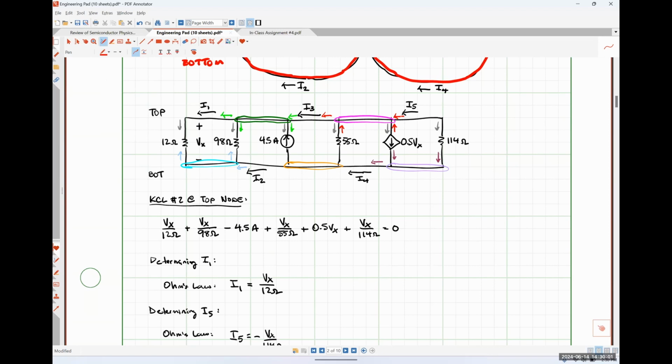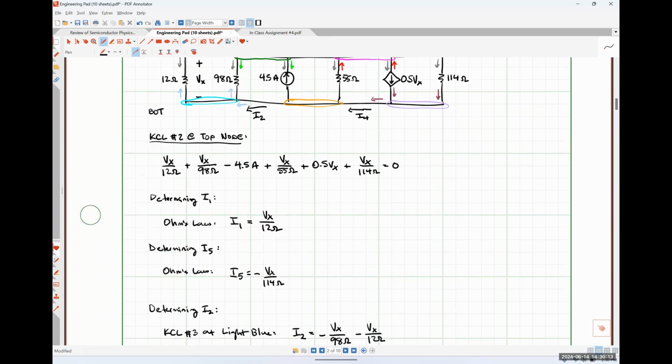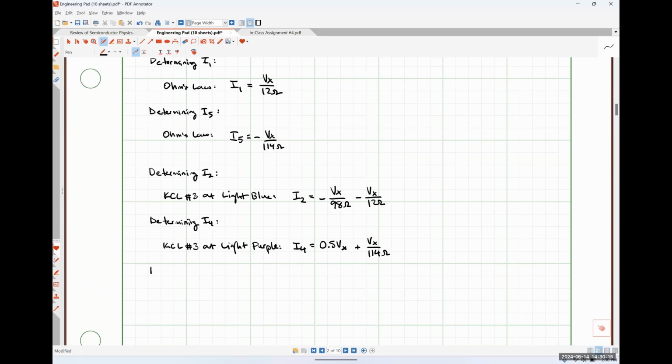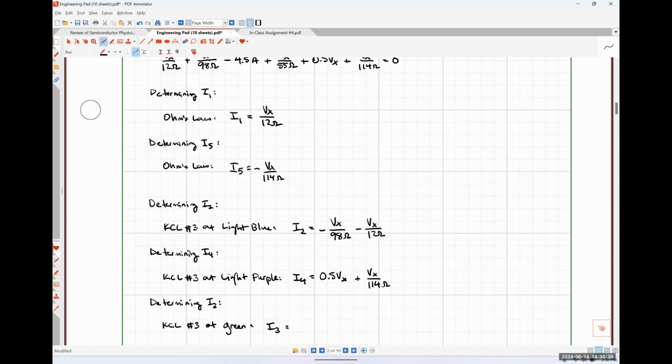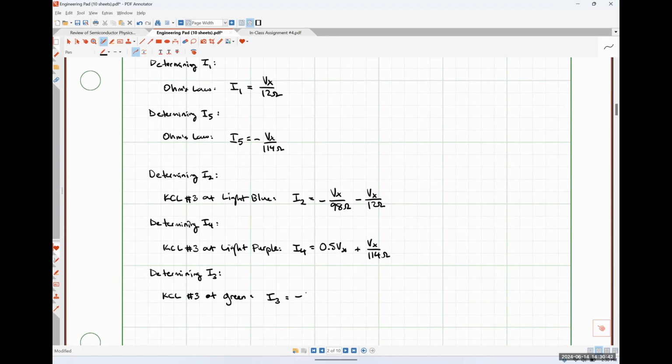So we can either do KCL at the green or KCL at the pink. Either way is going to give us the exact same result. I'm going to choose to do KCL at the green node. So that's going to look like I3 is equal to, so the current flowing down through the 4.5 amp source is negative 4.5 amps.